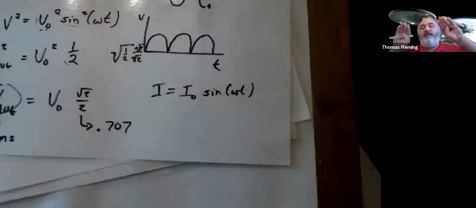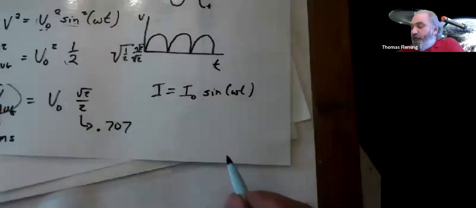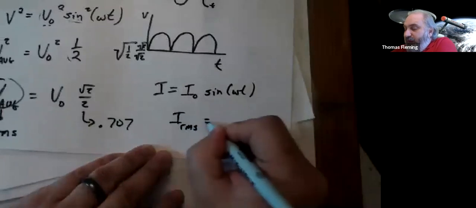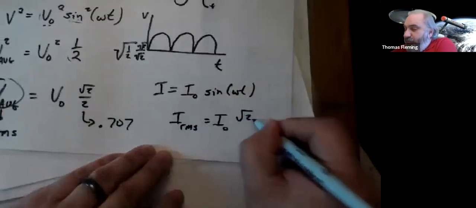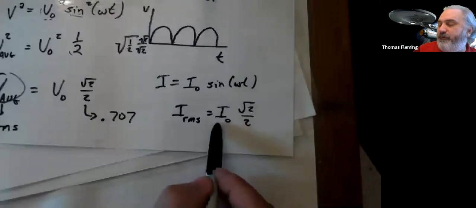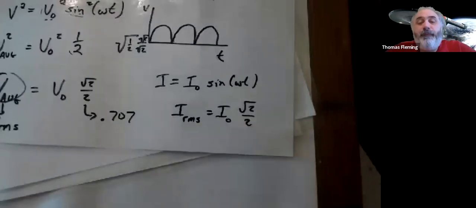So they'll tend to rise and fall in the same sort of way. So I could talk about the current RMS, and it would also just be the max current times the square root of 2 over 2. And so if you know the max current, you can find the RMS current. If you know the RMS current, you can find the max current. And that's how that works.